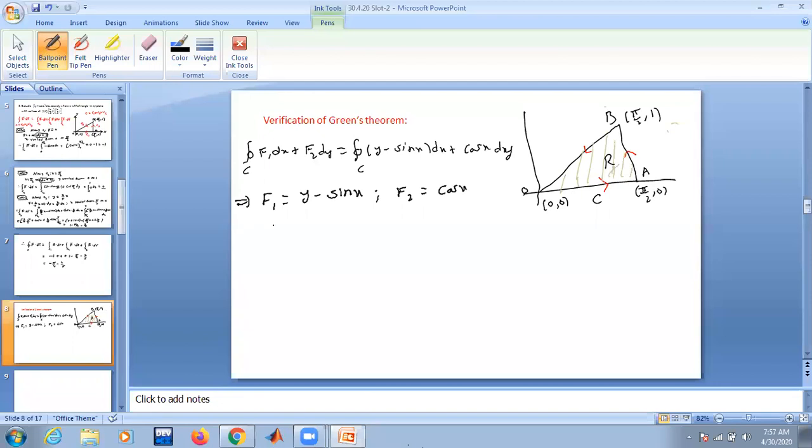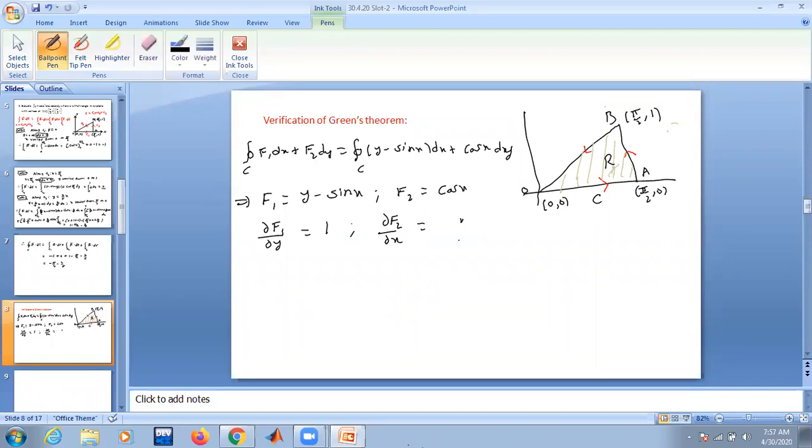So dou f1 by dou y: differentiating partially with respect to y, we get 1, and the derivative of sin x is 0. Dou f2 by dou x is minus sin x, because this is a partial derivative.